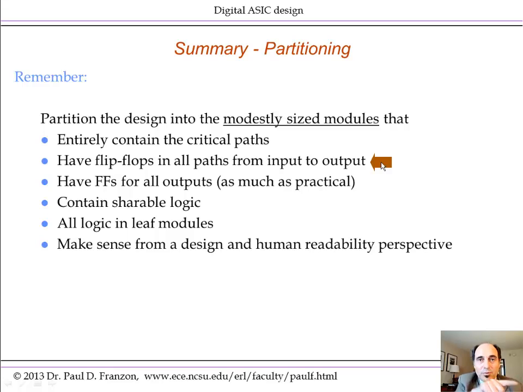You want shareable logic within one module, in fact within one procedural block. You don't want logic gates above the leaf module level, but nonetheless make your design sensible and human readable.